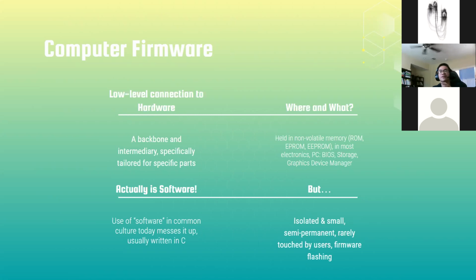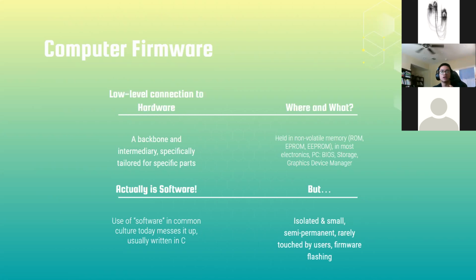Right now I'm talking as if firmware is different from software, but in actual sense, firmware is software. But in today's world, when you think of the word software, you think of Microsoft Word, Google Chrome, games that you have. In the culture today, you don't think of software as just data.